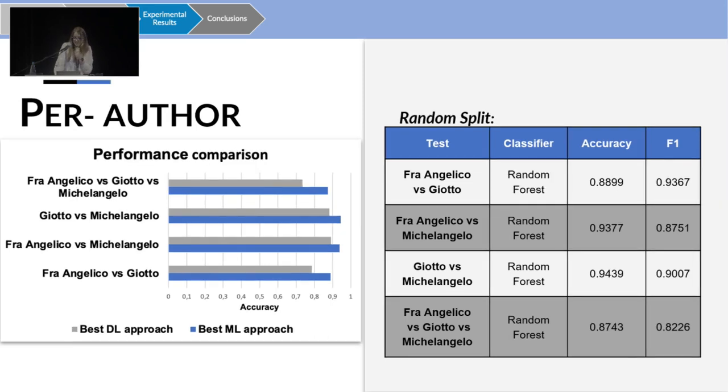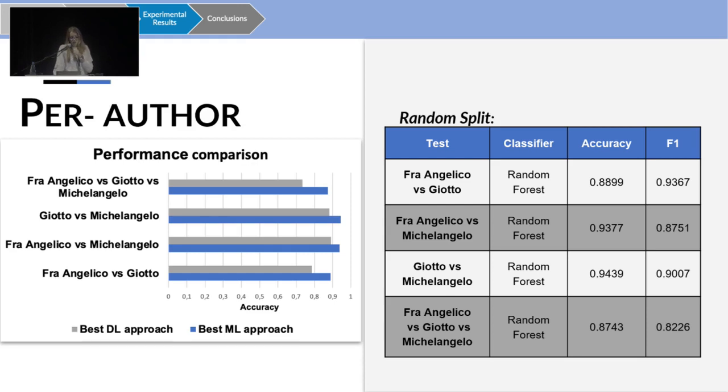For the random split, we can observe, as we expected, that the accuracies are better, but in general, also in this case, we can observe how random forest is the best solution also for this kind of approach and scenario.